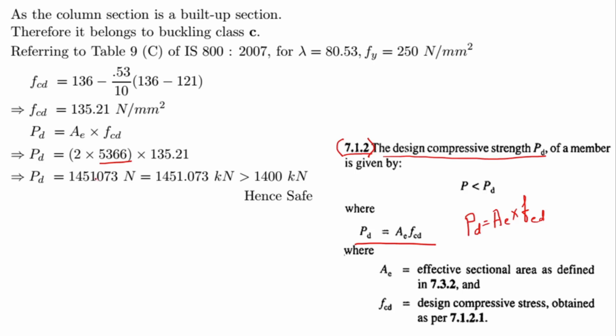As we are going to use two channels back to back, it will be twice. Then fcd we have calculated as 135.21 Newton per mm square. So finally the design compressive strength of the column will be 1451.073 kilonewton, which is greater than 1400 kilonewton. Hence the built up column is safe.